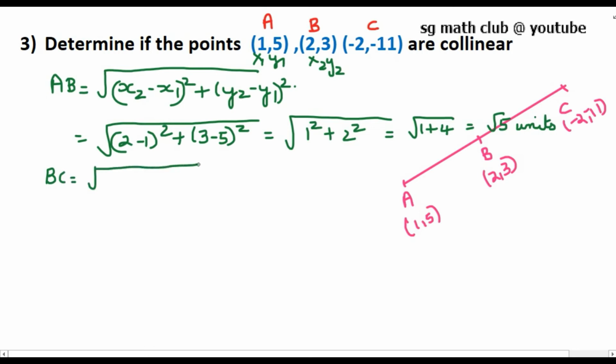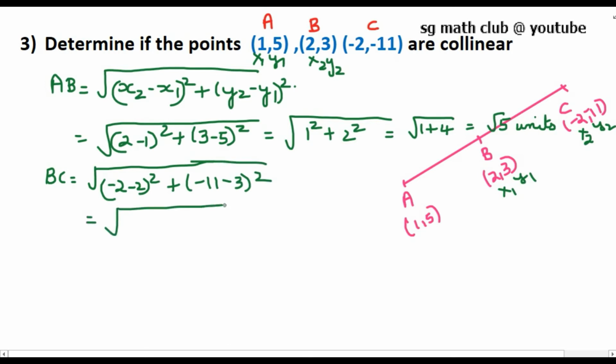So again, when you take BC, this we can take as x1, y1, and this we will take as x2, y2. So it is minus 2 the whole square plus minus 11 minus 3 the whole square, which is equal to minus 4 the whole square plus minus 14 the whole square, which is equal to 16 plus 196.